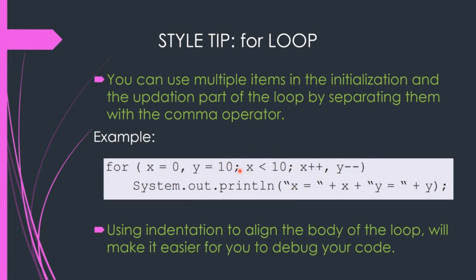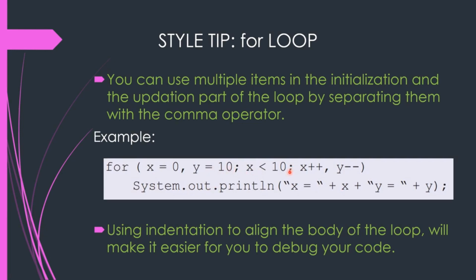But if we want to use multiple items in one value, like in initialization, we want to use multiple values, in that case we can use the comma operator to separate them, and then by using semicolon, we can separate the test condition and the initialization.